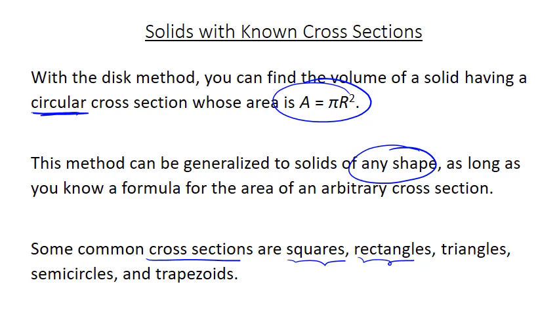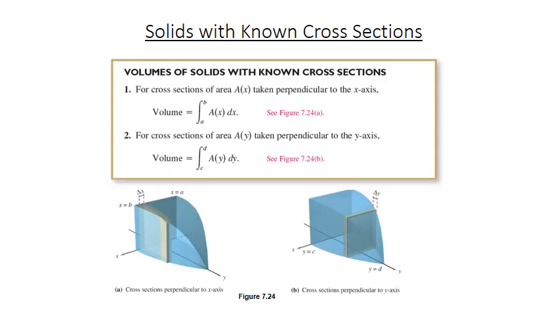And here's what I'm talking about. Let's say I have this solid shape and it looks like this. The solid shape is given to us, so we're not making any revolutions anymore. Instead, what we're going to do is take this solid and slice it, slice it, slice it an infinite number of times. And if I take one of those slices and hold it up, it could be any shape.